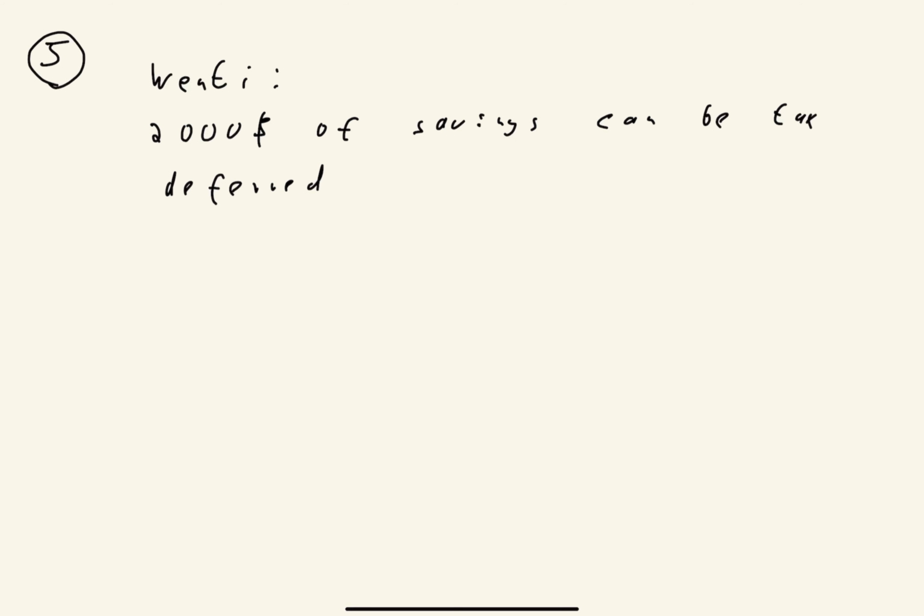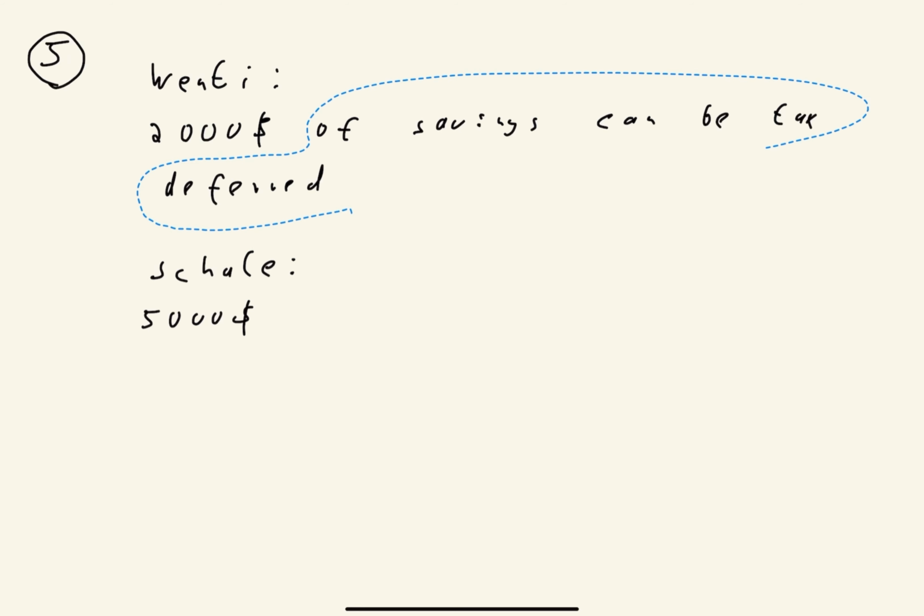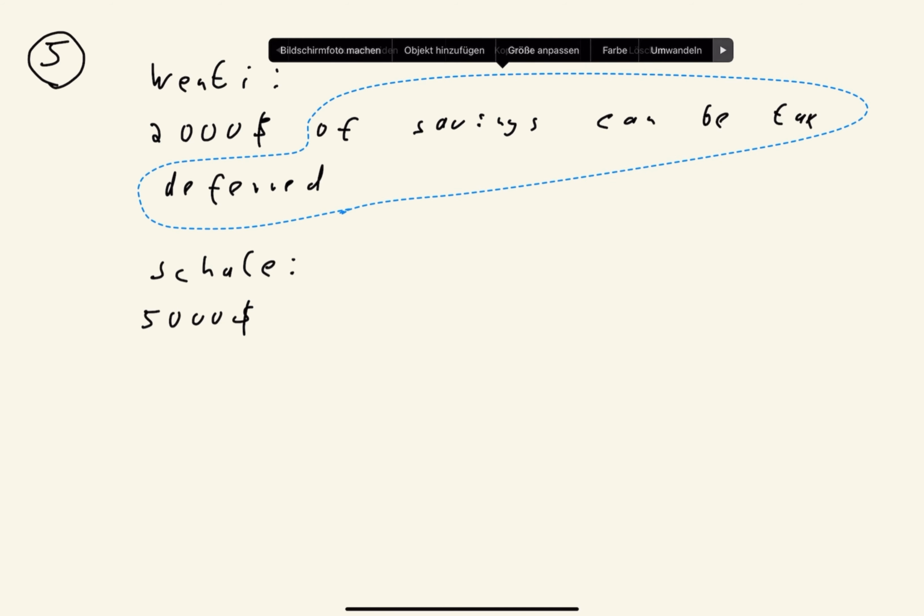In Shale, $5,000 of savings can be tax deferred.